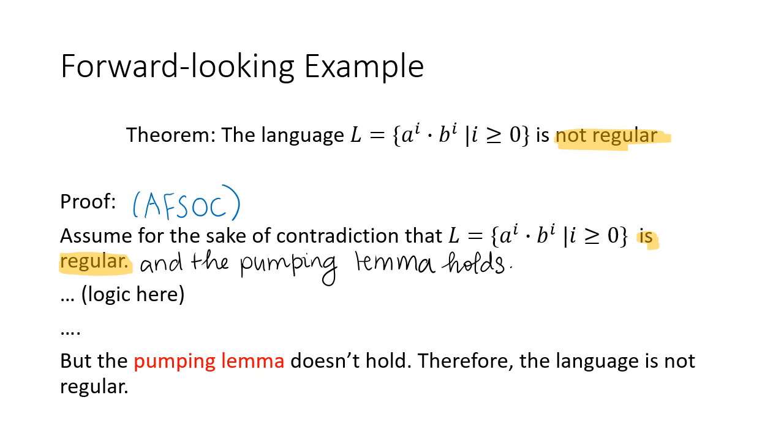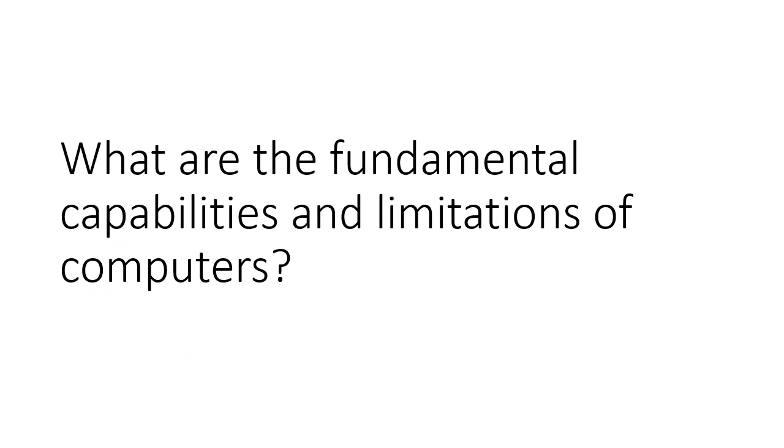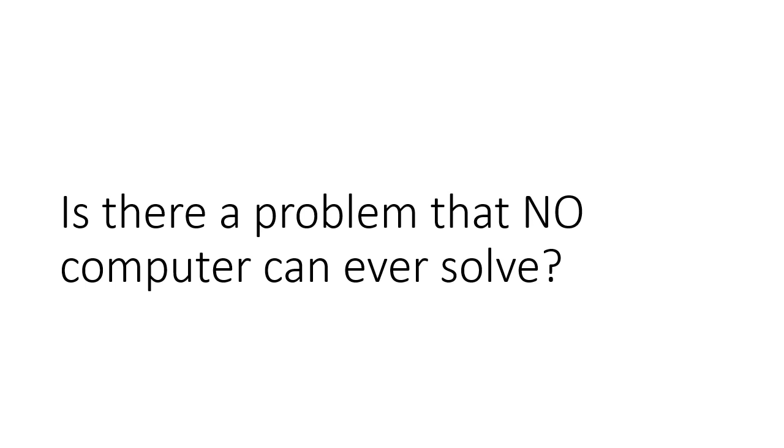Okay, so now let's go ahead and move on to talking about computability just a little bit. So with computability, we're going to answer questions like, what are the fundamental capabilities and limitations of computers? Another important question is there a problem that no computer can ever solve?